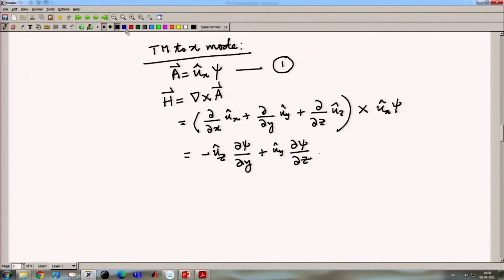Note that the contribution of this and this will be 0.